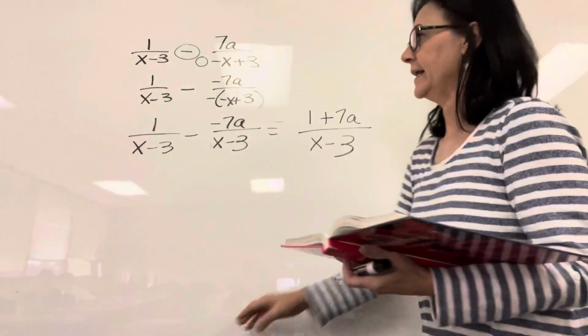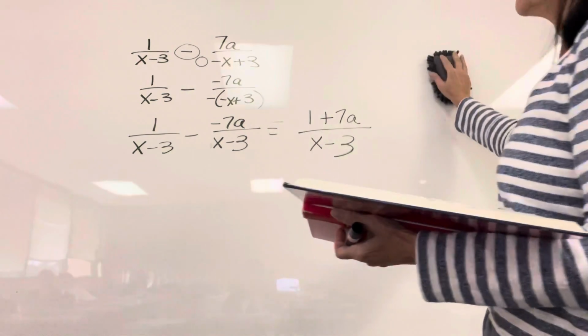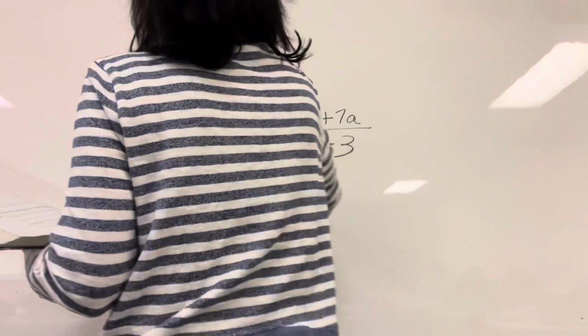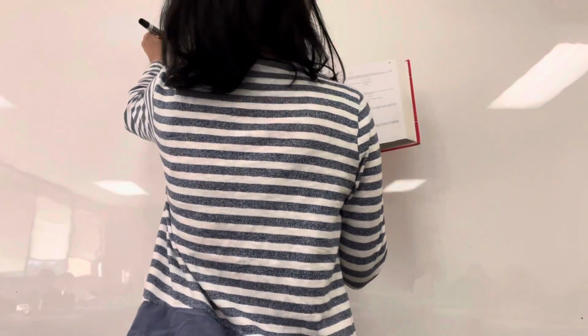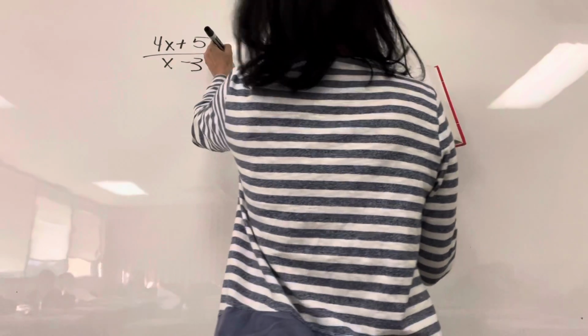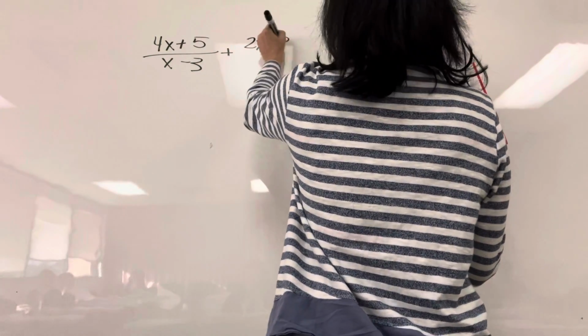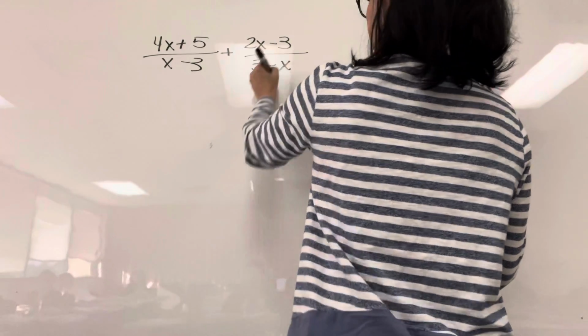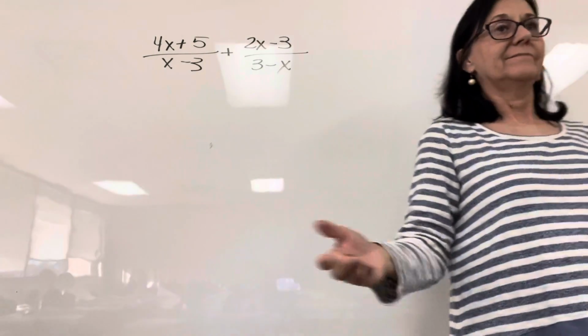All right, let's look at the second example. 4x plus 5 over x minus 3 plus 2x minus 3 over 3 minus x. You look at the denominators.